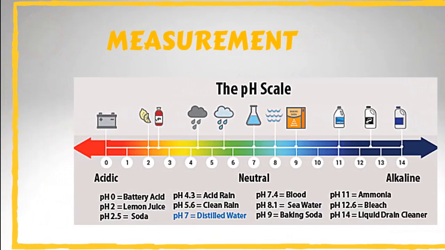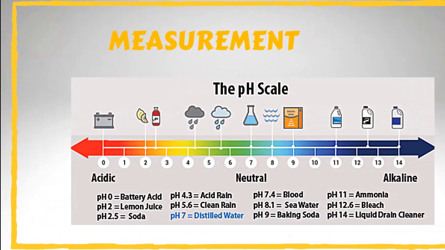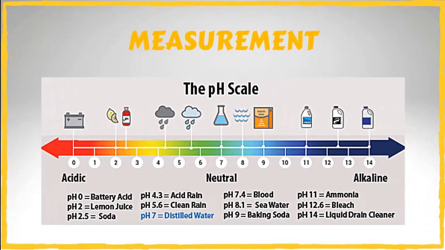Let's talk about the measurement of acid rain. Acidity and alkalinity are measured using a pH scale for which 7 is neutral. It means the lower a substance's pH, that is less than 7, the more acidic it is. In contrast, the higher a substance's pH, that is greater than 7, the more alkaline it is.